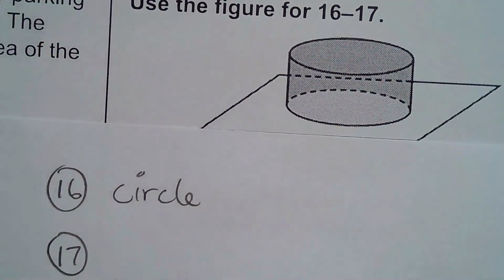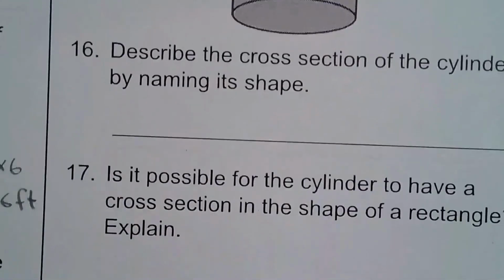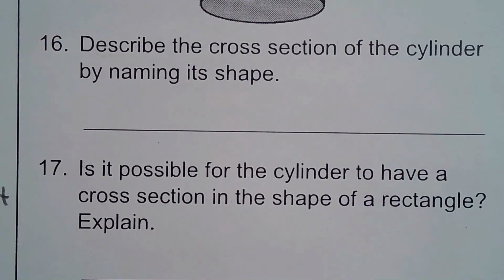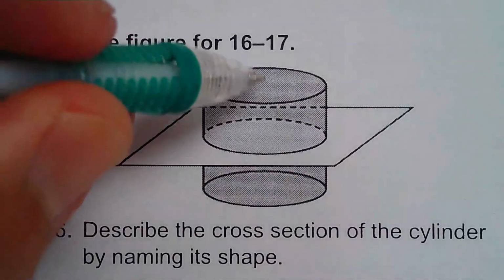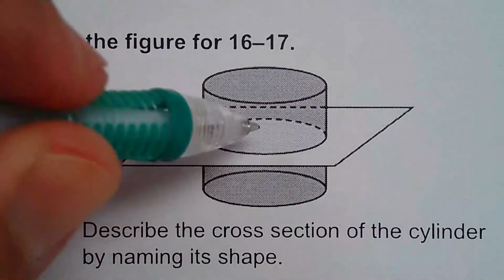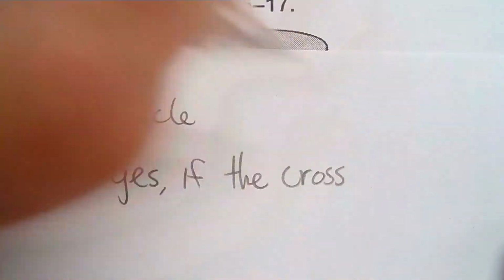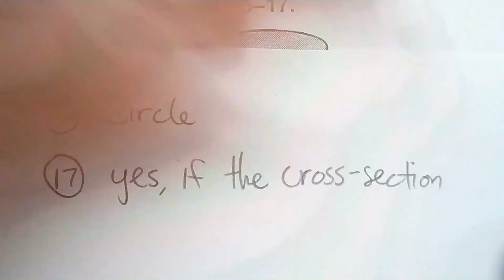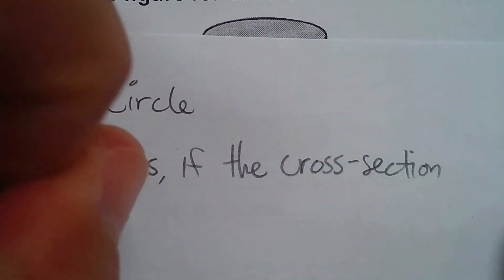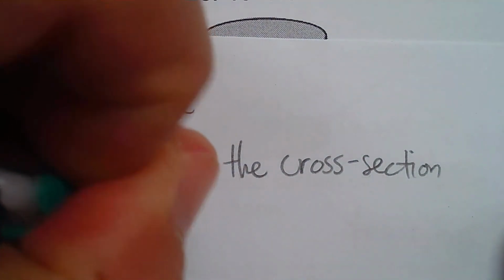Number 17. Is it possible for a cylinder to have a cross section in the shape of a rectangle? Yeah. If you cut it vertically like this, you'll get a rectangle. So, yes, if the cross section is vertical.